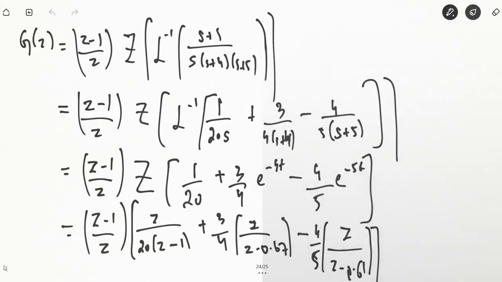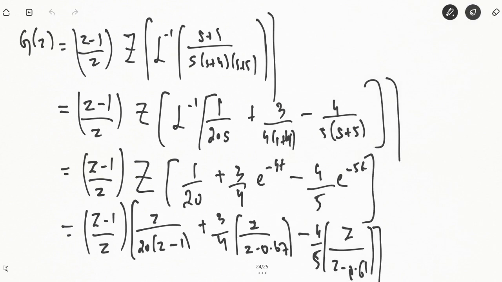So we have found G(z). Now we can say Kp is the limit as z tends to 1 of G(z).